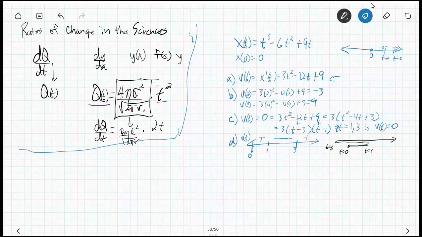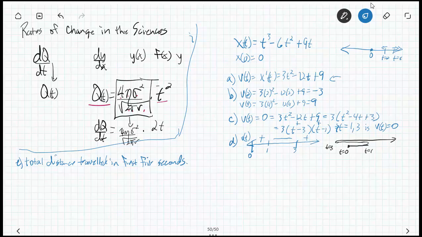All right, this is probably one of the more important ones that we have to deal with. Let's do E. I want to know the total distance traveled in the first 5 seconds or 5 time units. I'm going to write this one down because this is important. Okay?